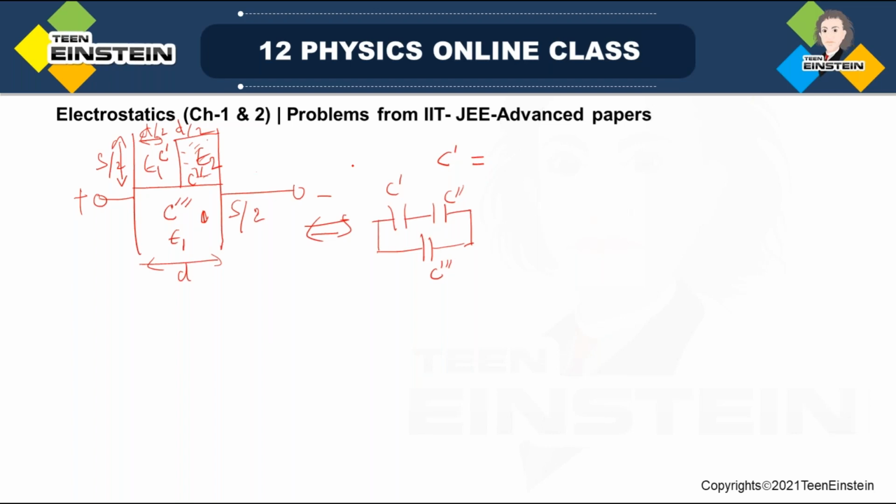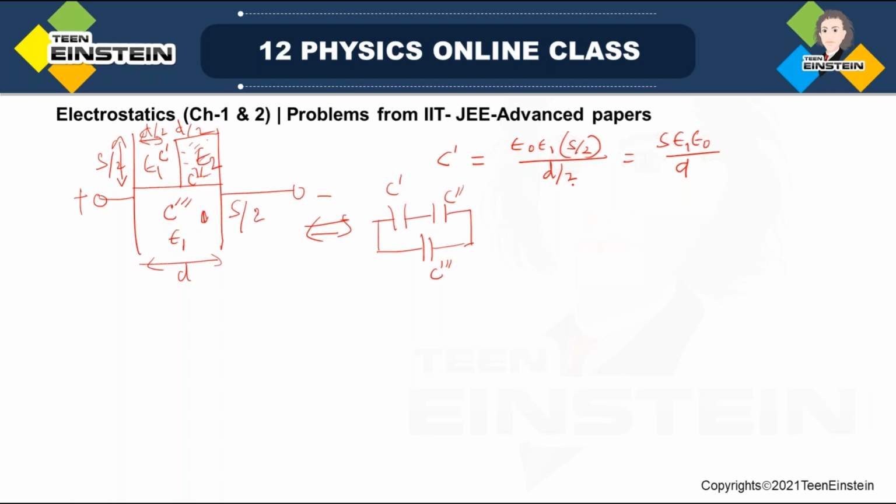So C prime is this part, so it has epsilon 1, the area is S by 2, and the distance is also d by 2. So these two will get cancelled. So S epsilon 1 epsilon 0 by d.